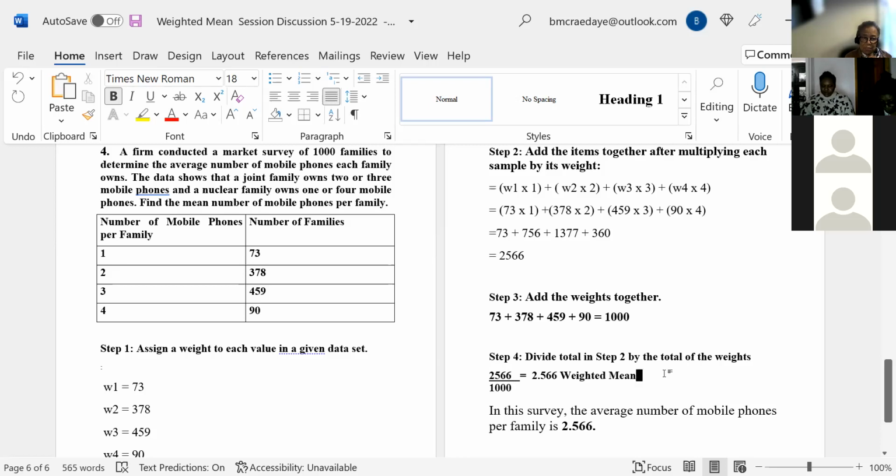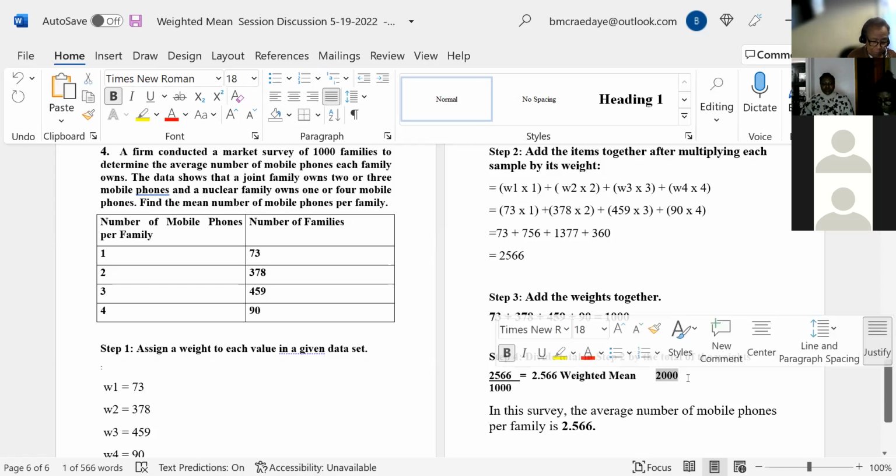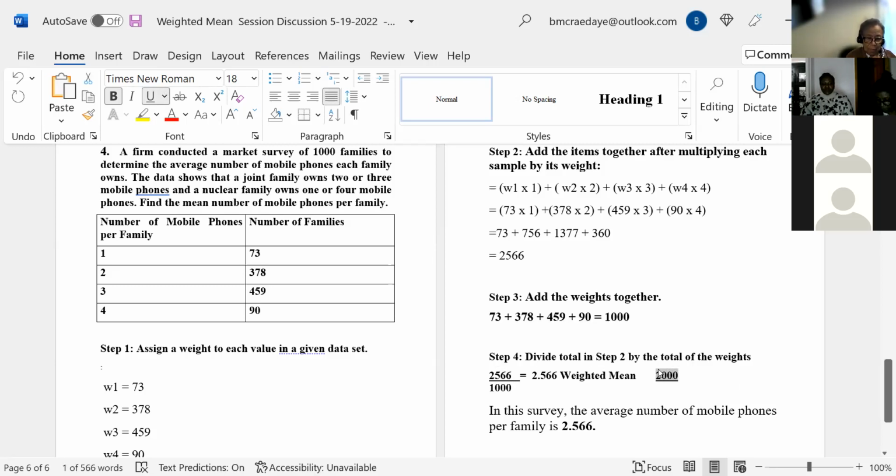All right. So what I'm saying here, you can make your work simpler. 2,000 divided by 1,000. When you have zeros in your numerator and denominator, you can cancel them out.